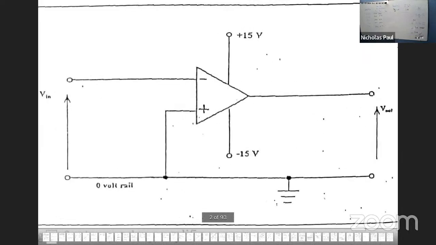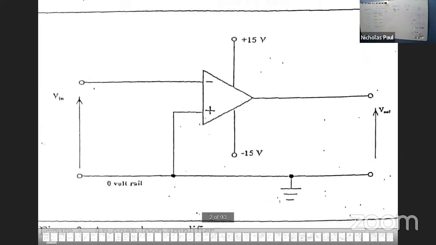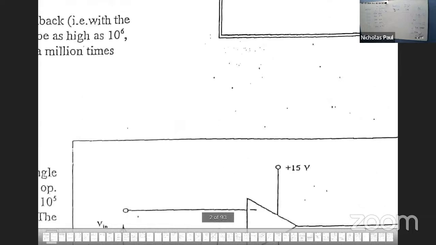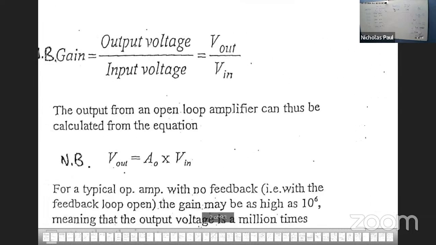Draw this circuit. Write out how to find gain, and then draw this circuit.